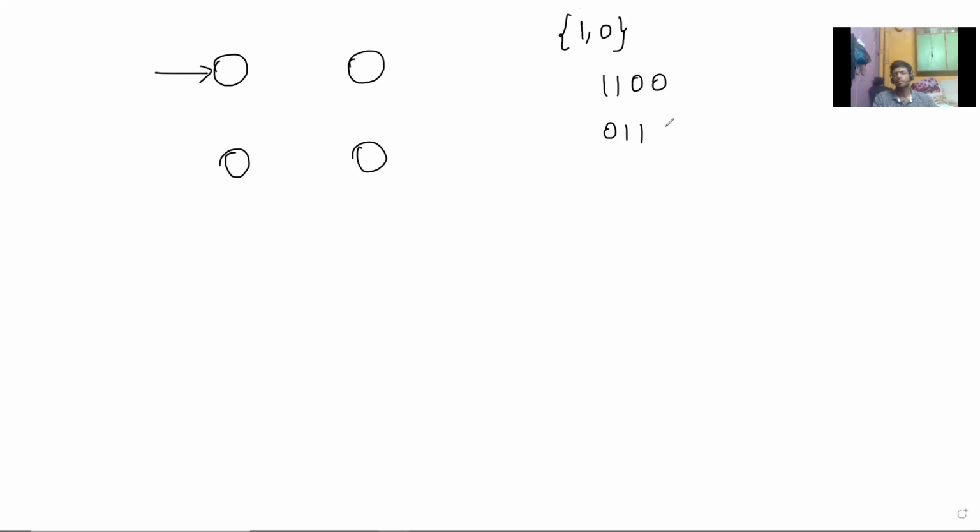You can take any length, however big. These are the words, these are the strings, and they will enter into this machine. Let's say this one enters. I'll explain what the machine does.